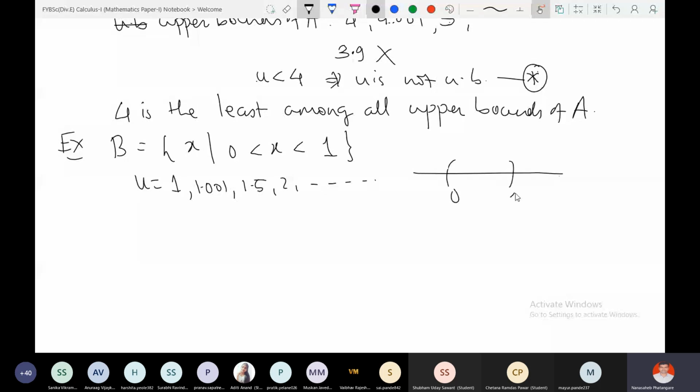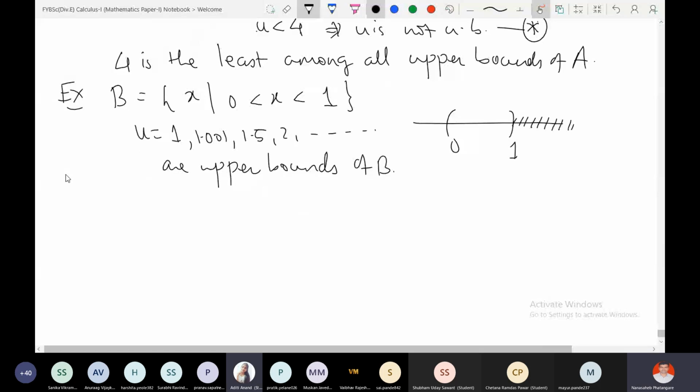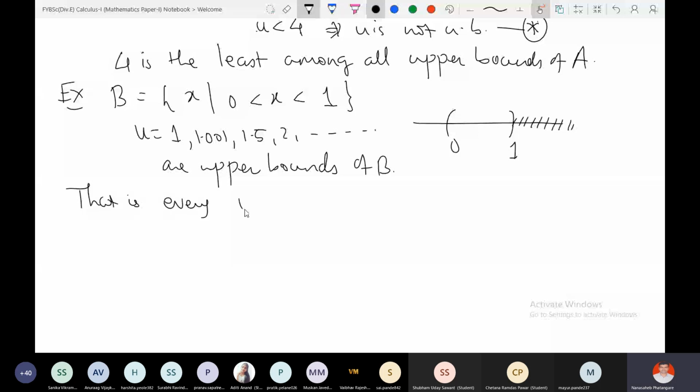So every number greater than 1 is an upper bound, so all these numbers are upper bounds of set B, right? That means every u which is greater than or equal to 1 is an upper bound of set B. Whatever you select, u which is 1 or greater than 1, every such number is an upper bound.